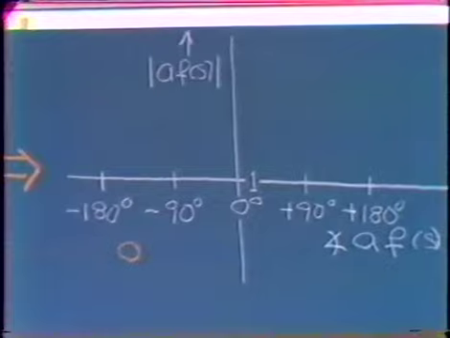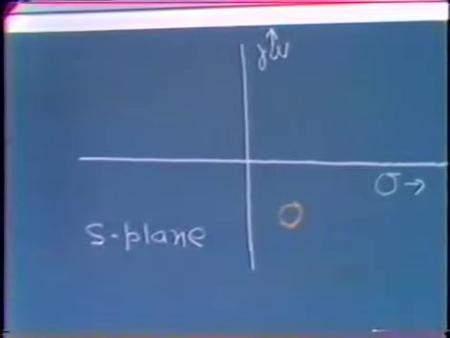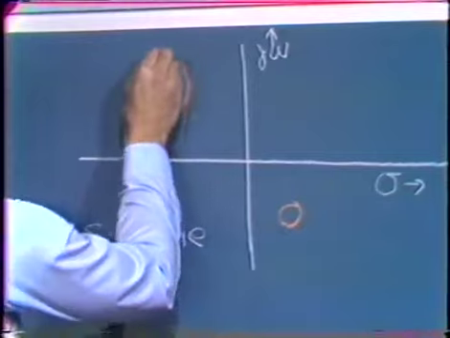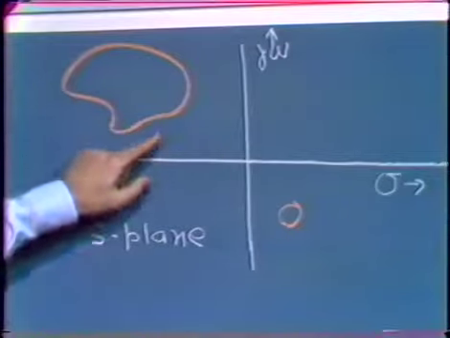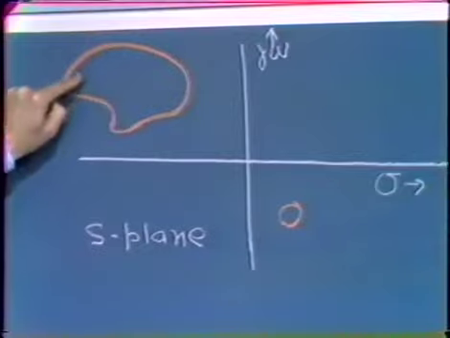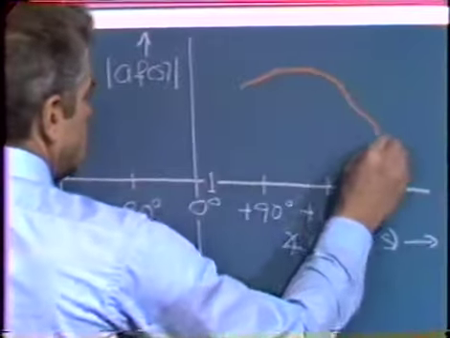We also find out that if we evaluate the AF product, again for values of S that lie in a closed contour in the S-plane, possibly here, when we evaluate the AF product as S takes on this sequence of values, we again get a closed contour in the AF plane, possibly this.